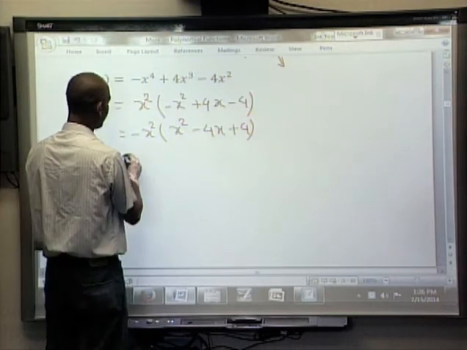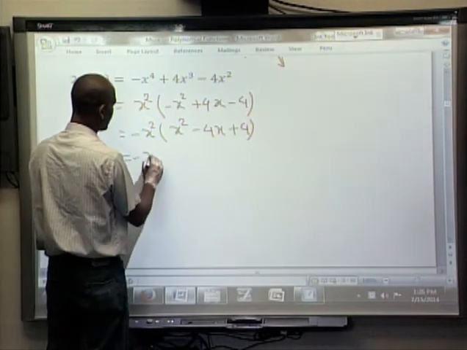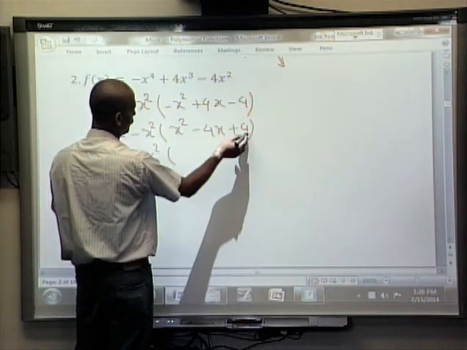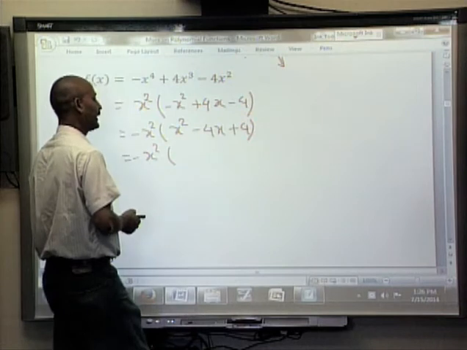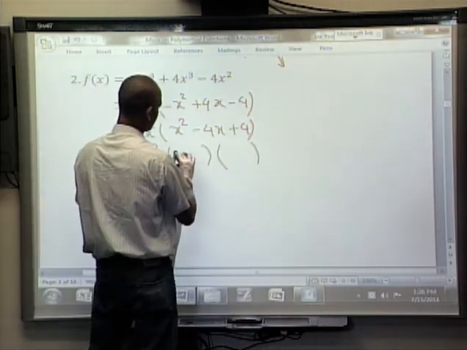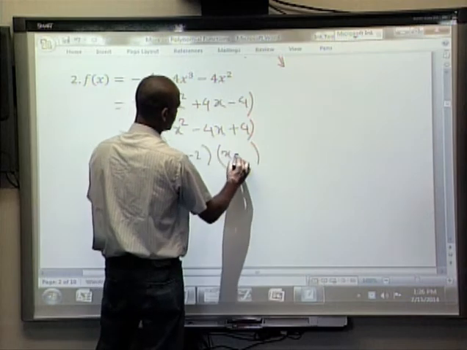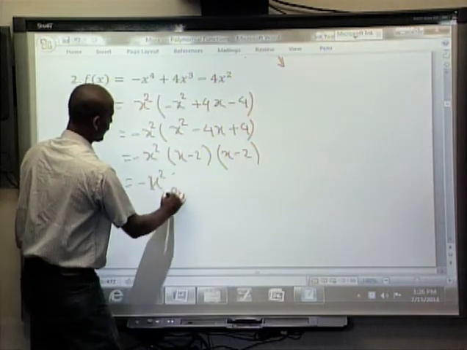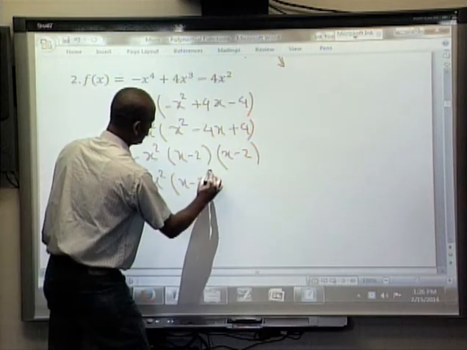Now, this can be factored again, and well, the product is 4 and the sum is negative 4. So, if you factor it, we will get x minus 2, x minus 2. That means basically we can write x square and x minus 2 raised to the 2.